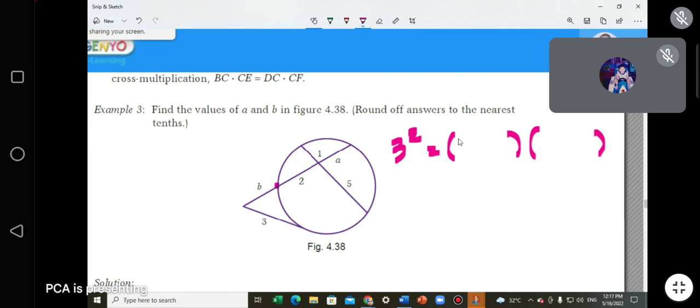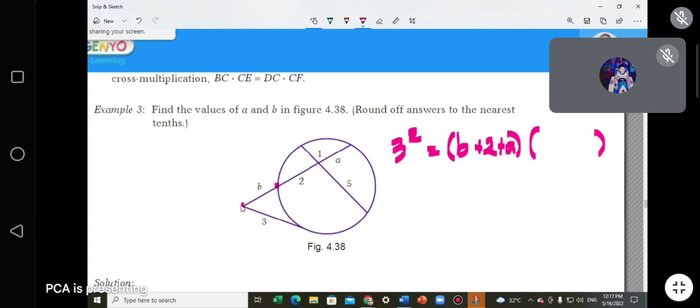Start with B plus 2 plus A. B plus 2 plus A, that is the whole segment. And then the other, from this point to this point, is B. We call this the external secant segment.